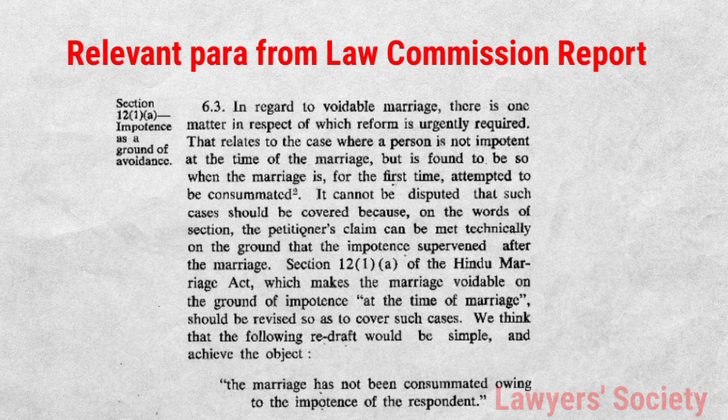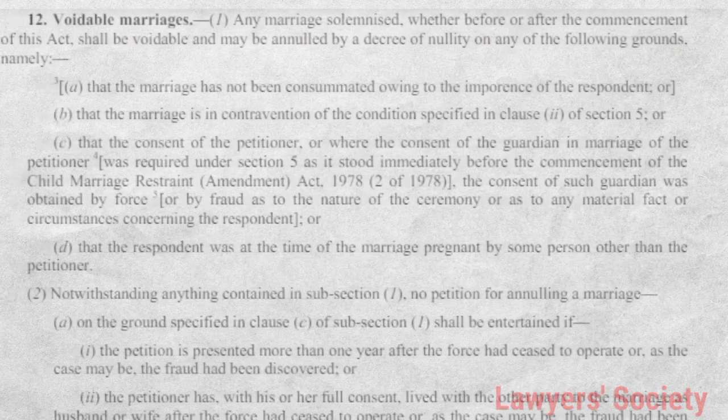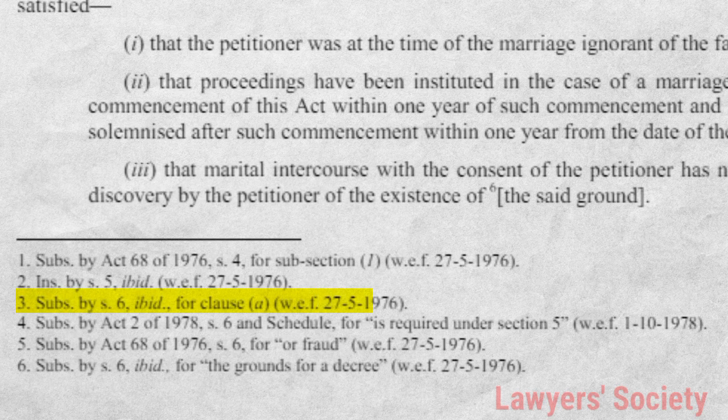That is, if the party is not impotent at the time of the marriage but subsequently became impotent, that can also be a ground for annulment of marriage, and hence the words "at the time of marriage" must be removed from the clause 12(1)(a). Subsequent to such a recommendation, the Parliament accepted it and removed those words from 12(1)(a).